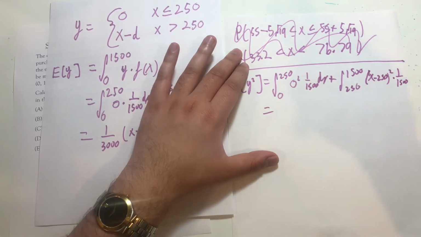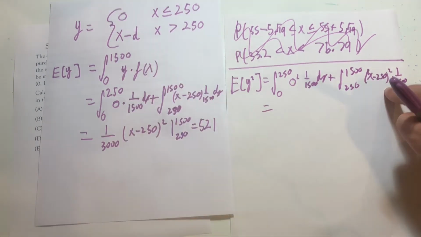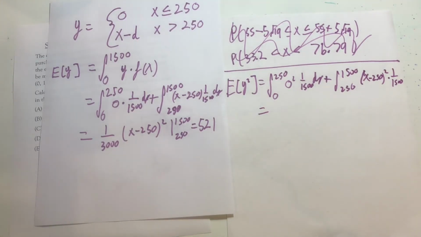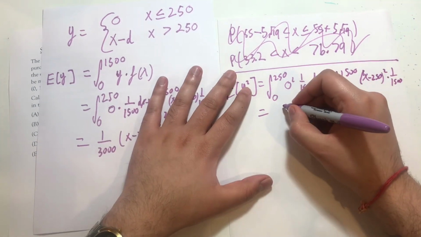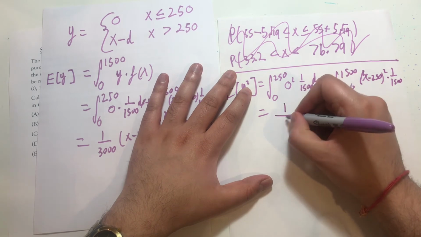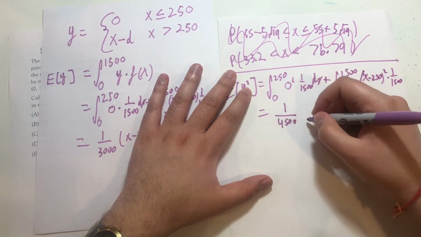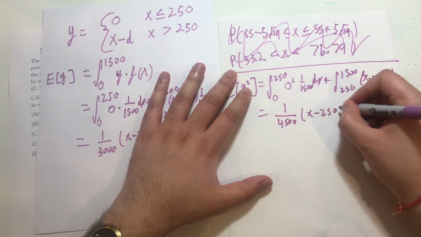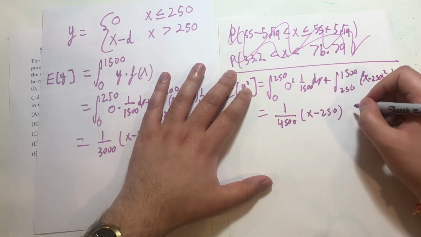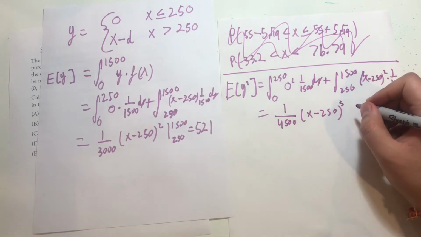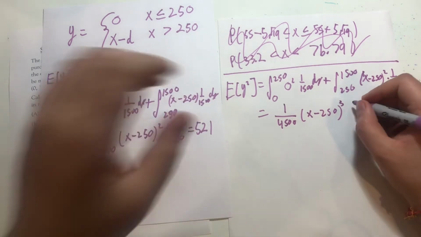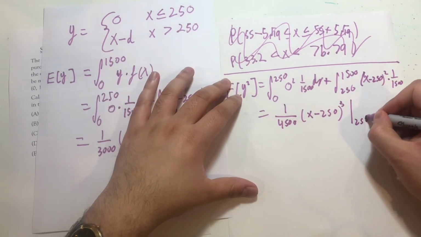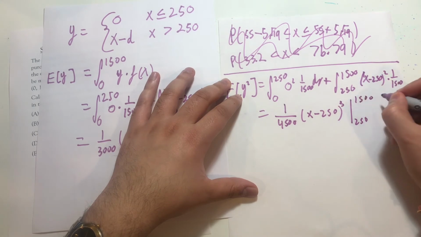Okay, and this becomes 0. This integral, just to do a quick calculation, becomes 1 over 4,500 multiplied by x minus 250 raised to the third power. And that's evaluated from 250 to 1,500.